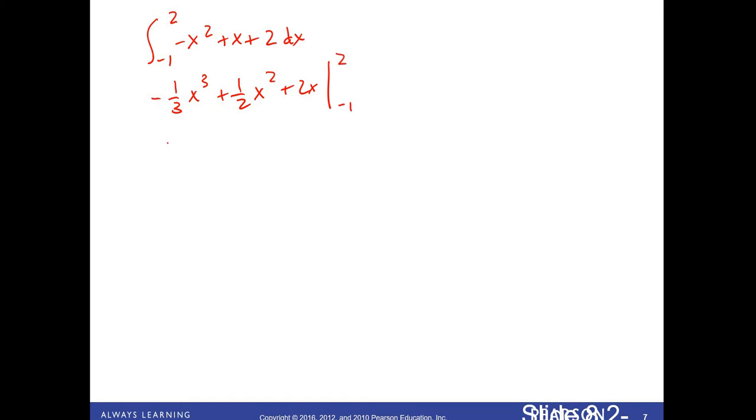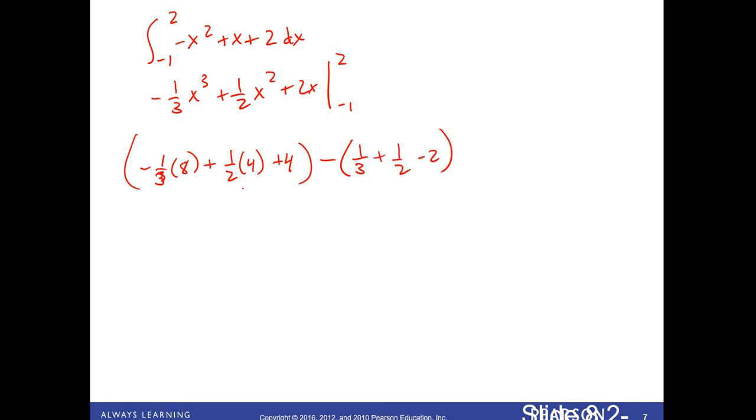From negative 1 to 2, plugging in 2, negative 1/3 times 2 cubed, which is 8, plus 1/2 times 2 squared, which is 4, plus 2 times 2. All of that minus negative 1/3 times negative 1 to the third power is positive 1/3. Negative 1 squared is positive 1, so positive 1/2 and minus 2.